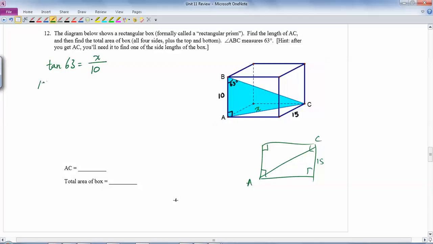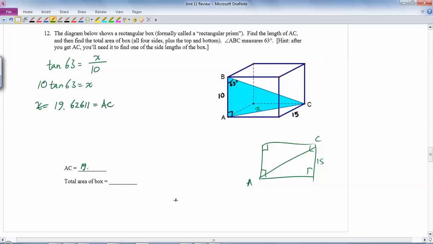So if I multiply the 10 over, we'll get x, and if you plug that into a calculator, you end up with x being 19.62611. And that's the same thing as AC.